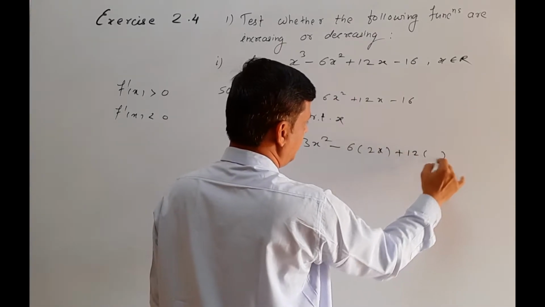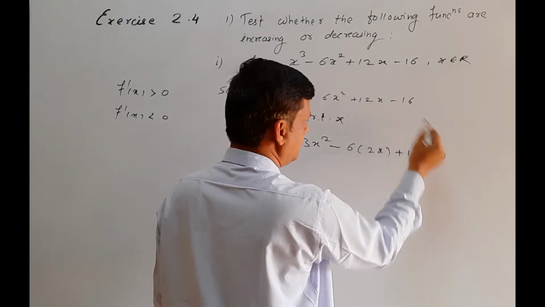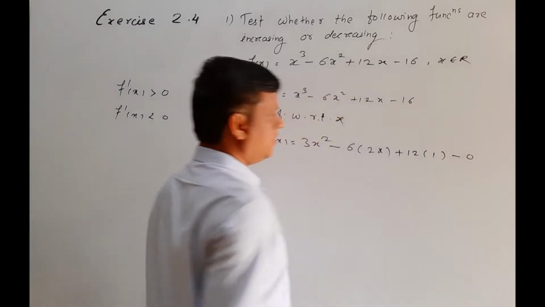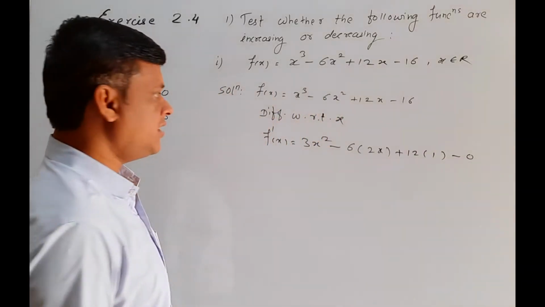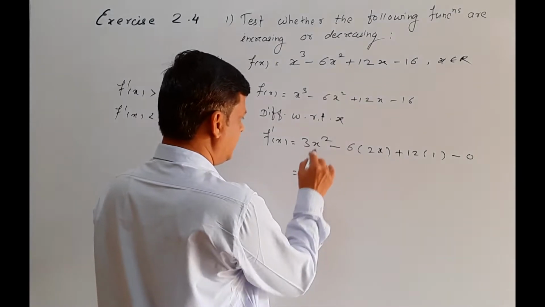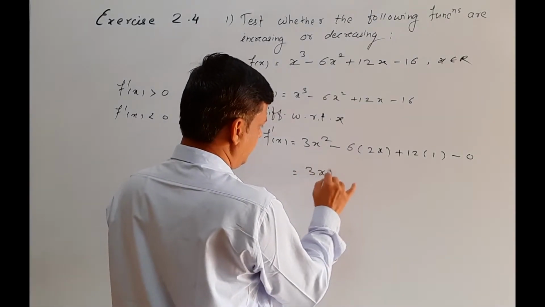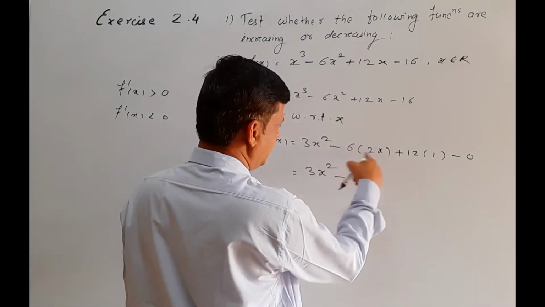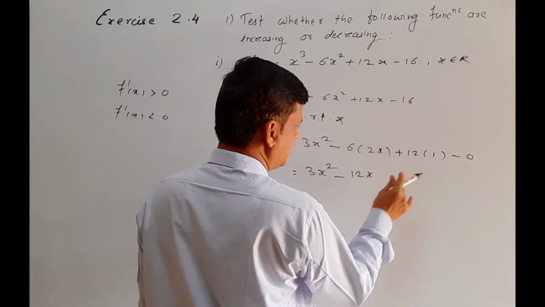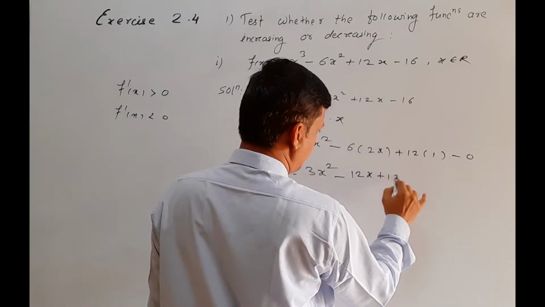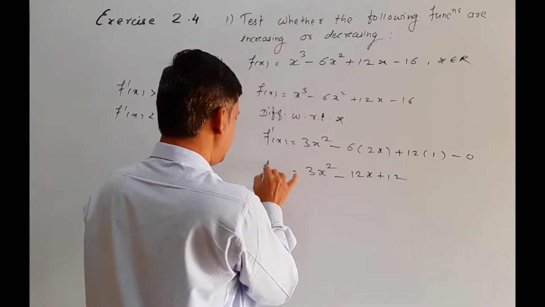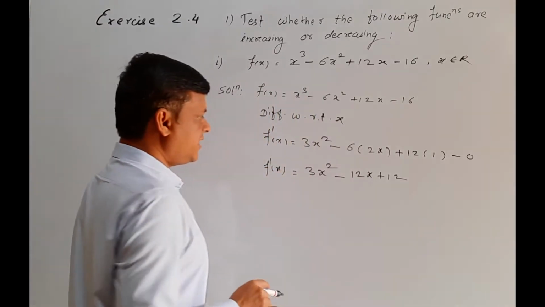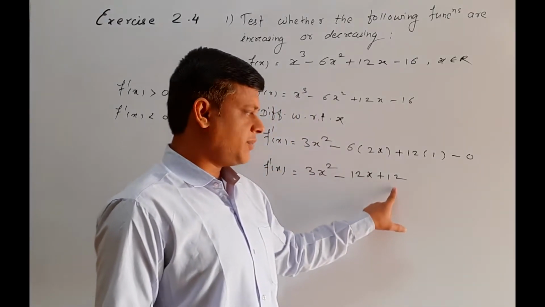Plus 12 into the derivative of x, which is 1. The derivative of minus 16, a single constant, is 0. So writing this properly, f dash of x is equal to 3x square minus 12x plus 12.